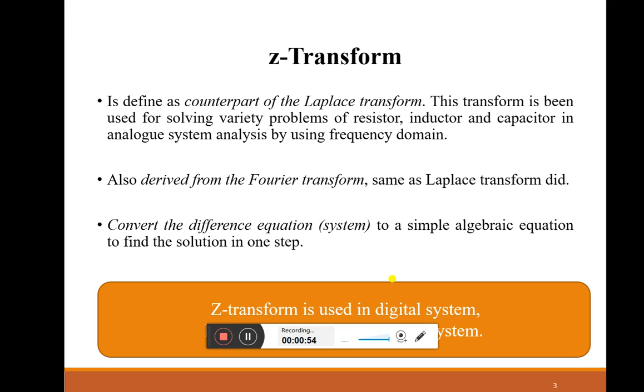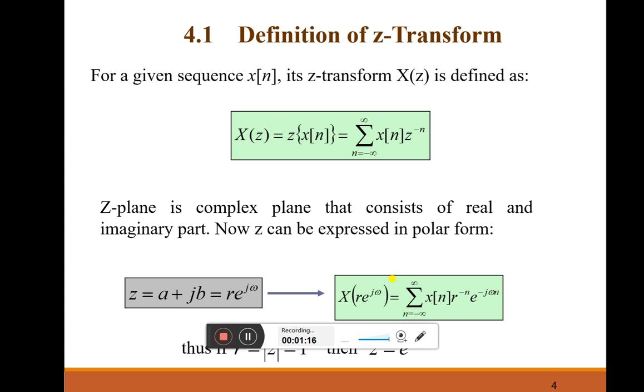And by using Z transform, you are able to simplify difference equation into algebraic equation yang you boleh guna tambah tolak darab bahagi saja, right? So Z transform is used in digital system while Laplace transform is used in analog system.